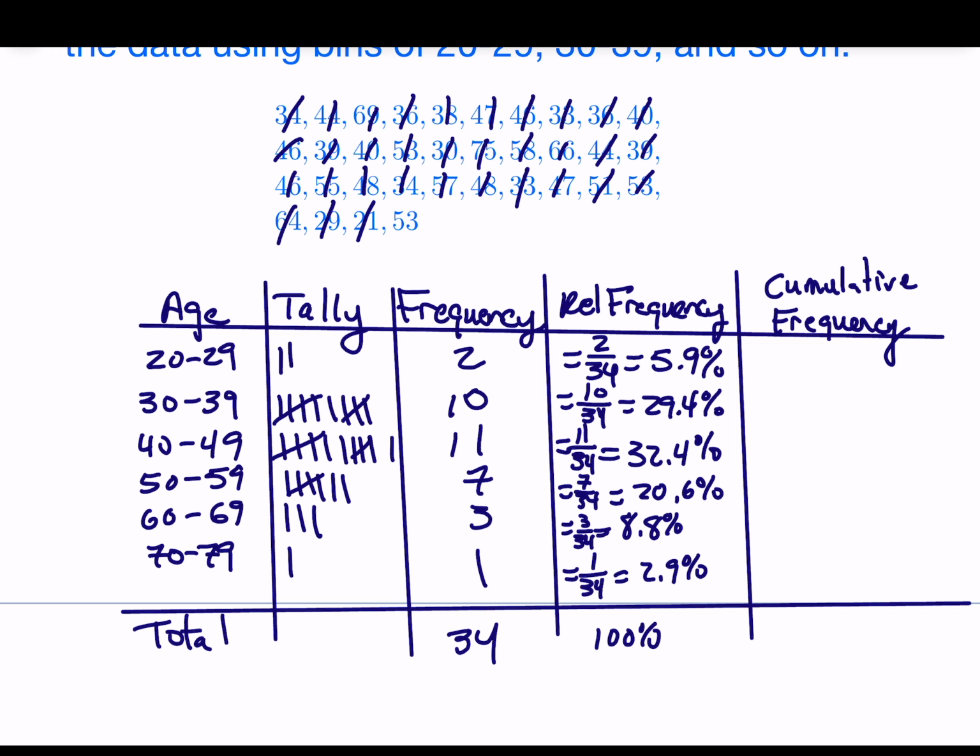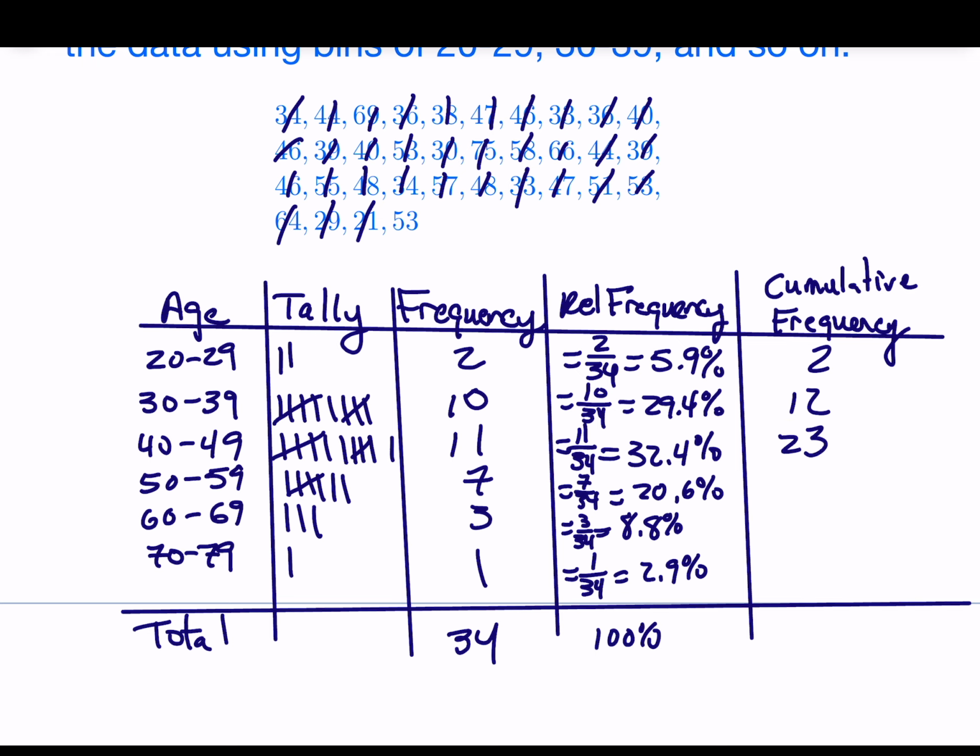Now for cumulative frequency, we add up the frequency total and the previous cumulative frequency. So for the first row, we just have 2, and then we add 10 to get 12. Then we add 11 to 12 to get 23.